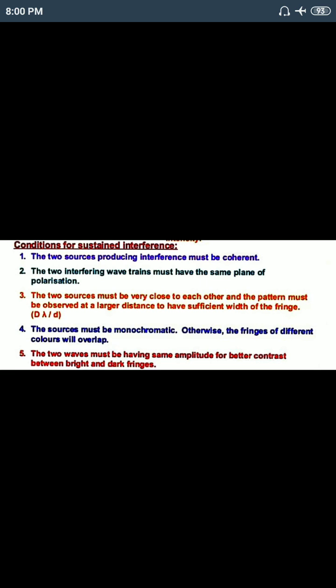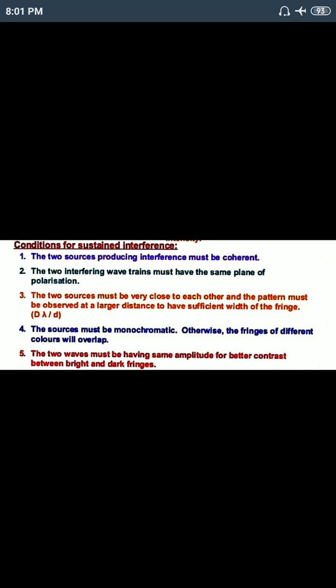There are some conditions also. The two sources should continuously emit waves of the same frequency or wavelength. The two sources of light should be coherent. For better contrast between maxima and minima of intensity, the amplitudes of the interfering waves should be equal. The two waves must have the same amplitude for better contrast between bright and dark fringes.